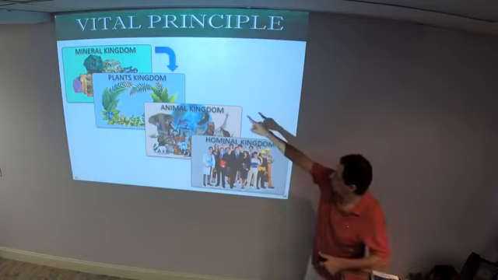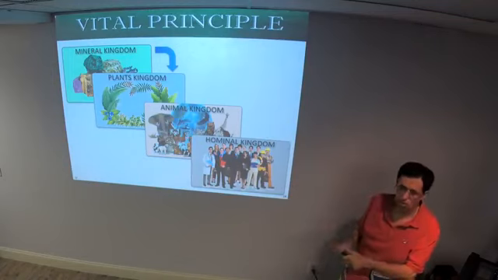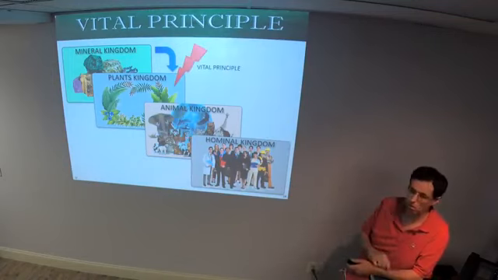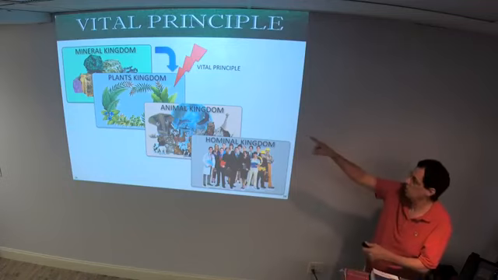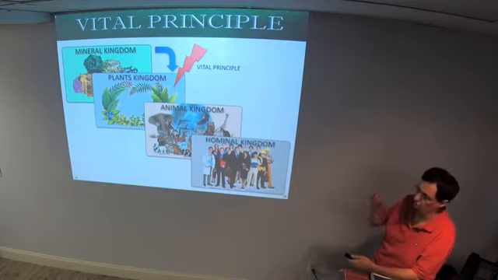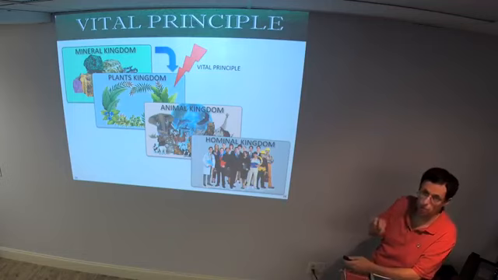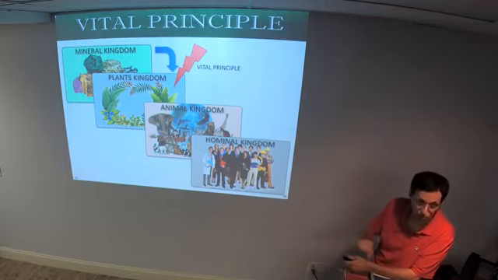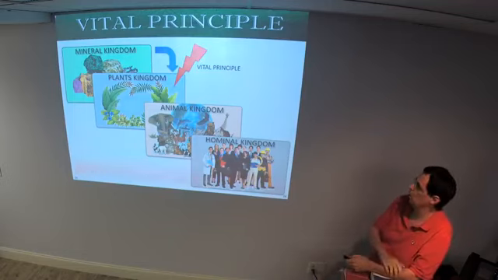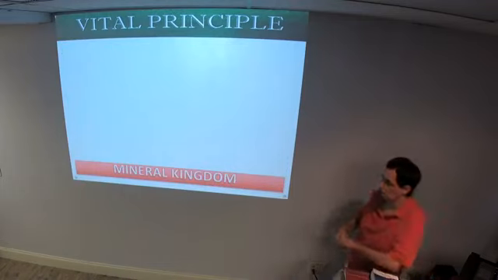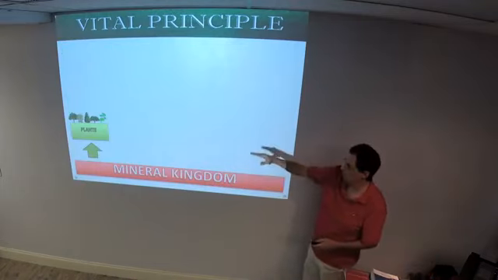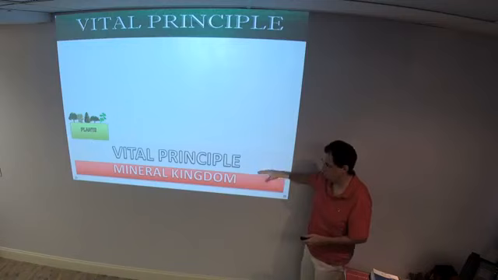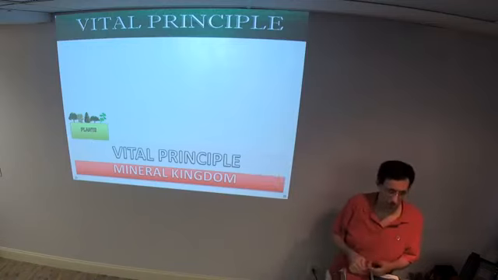Alright, so we were looking into that. How do we jump from one to another? That is where the vital principle is. So we can only jump from one kingdom to another when the spiritual principle learns how to infuse and use the vital principle into the matter. So coming from the mineral kingdom to the plants, it requires vital principle.